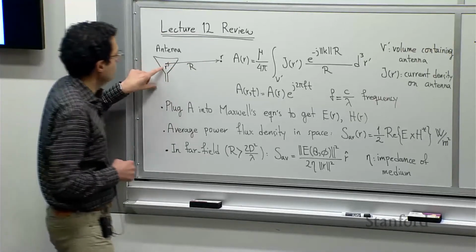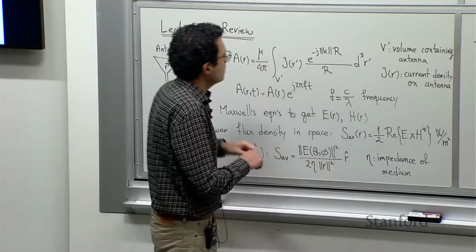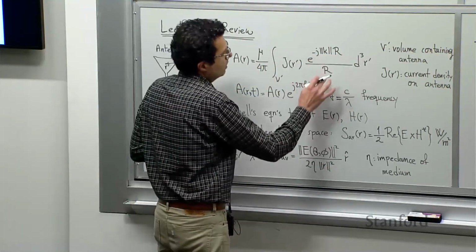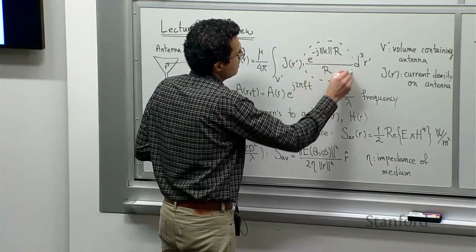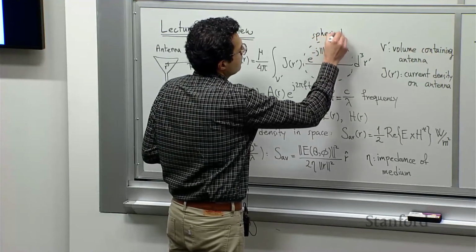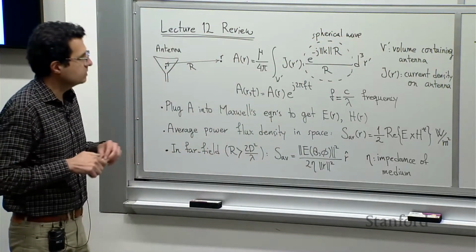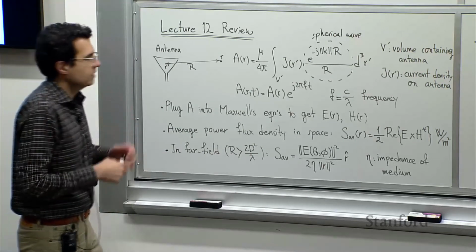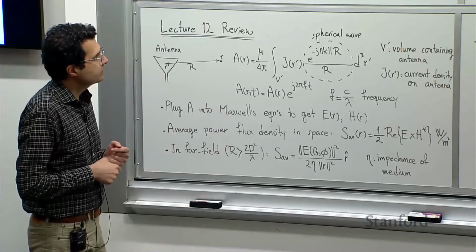We are changing R prime. Times this term, e to the minus j k r over r. And this, as you know, is a spherical wave. And d cubed r is an infinitesimally small volume element.